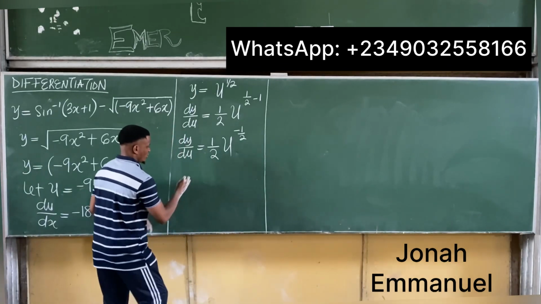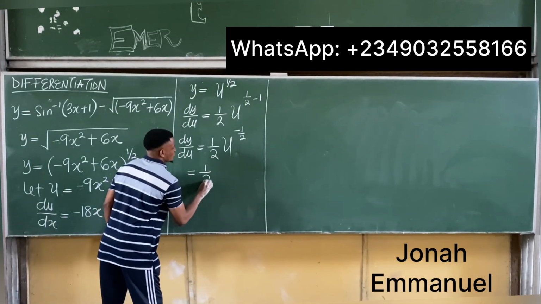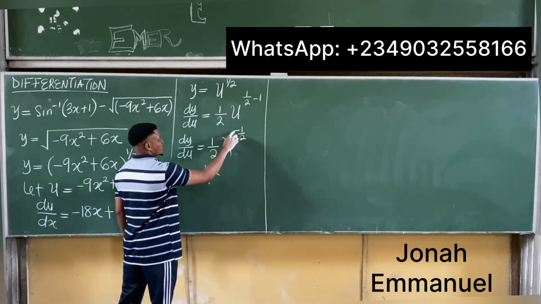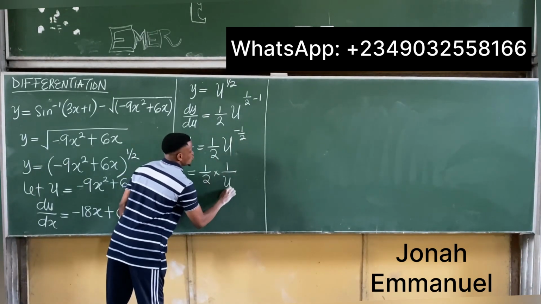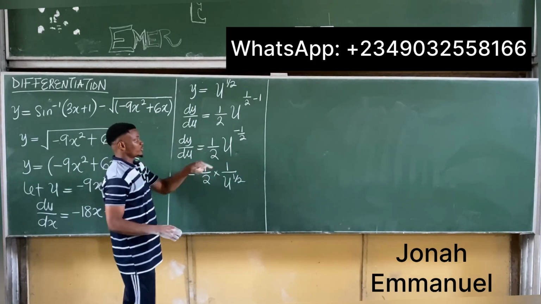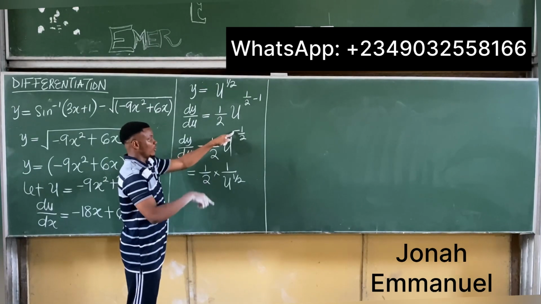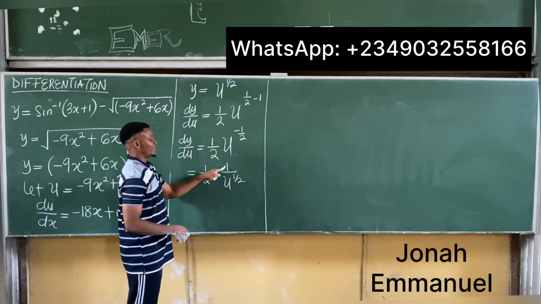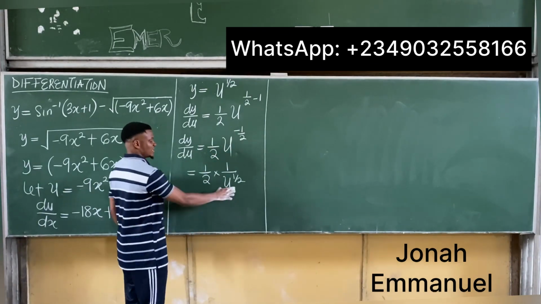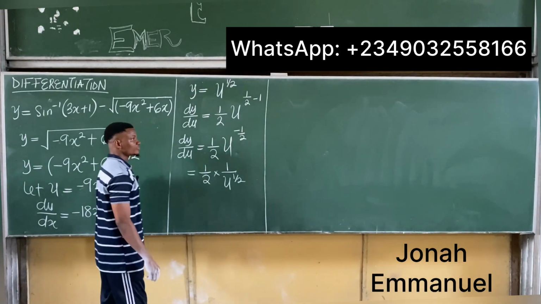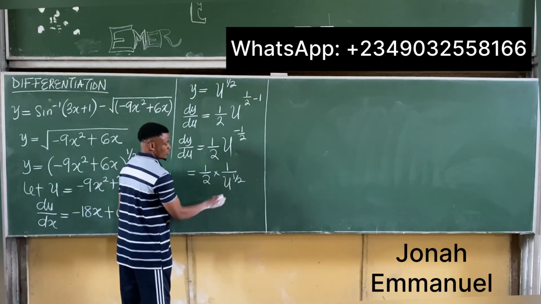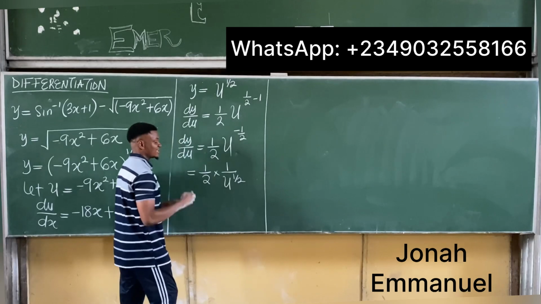Rewriting this will be equal to 1 over 2 times, to take off the negative, take an inverse. So it becomes 1 all over u to the power 1 over 2. This inverse eliminates the negative here. This one in square root form becomes square root of u.